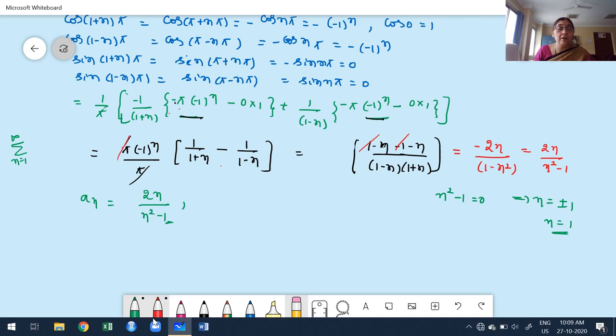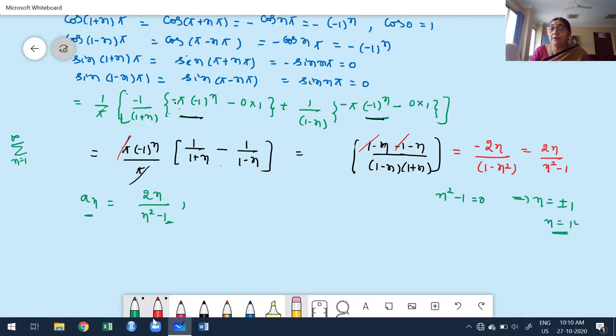Please keep in mind for what value of n an or bn is equal to 0. Take that value separately, find it from the corresponding formula. For example, here I have to find n is equal to 1 from the formula for an. Definitely in that case you don't get a1 value as infinity. Definitely we get a finite value. Keep in mind, once we get an value, pick the denominator equal to 0, observe.